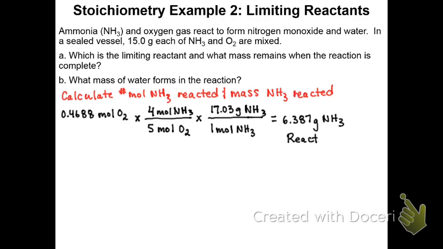So now that we know the mass of ammonia that reacted, we can calculate the mass of ammonia that remains. It's just going to be the mass of NH3 initially minus the mass that reacted.